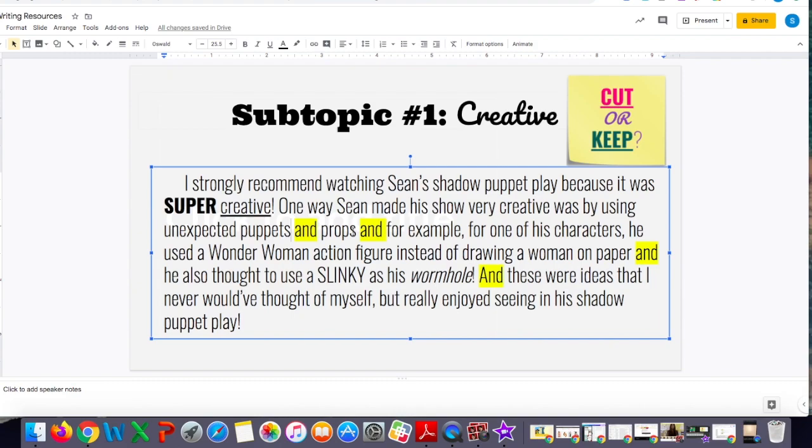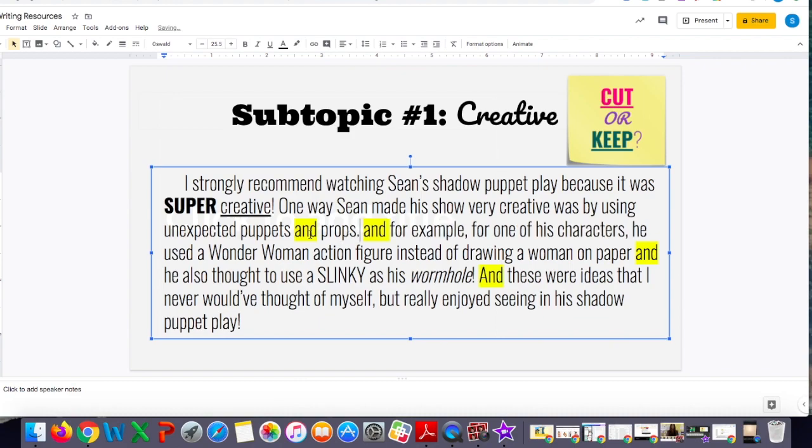Uh-oh, I don't think so. So that tells me that I need to keep this "and" because I'm connecting this word "props" to this idea. The idea that I'm trying to express is that Sean used really creative and unexpected puppets and props. So I need to add a period there.